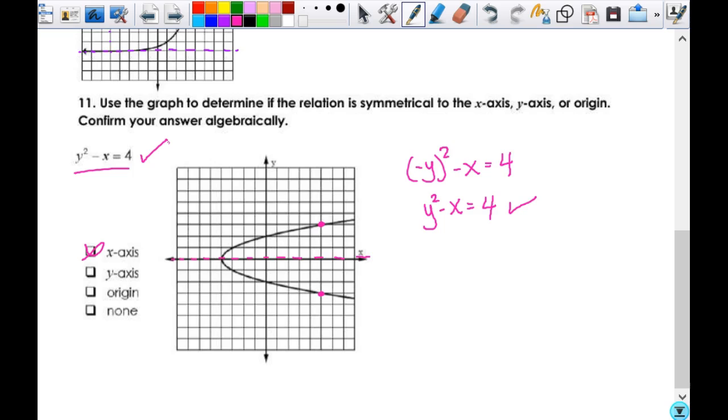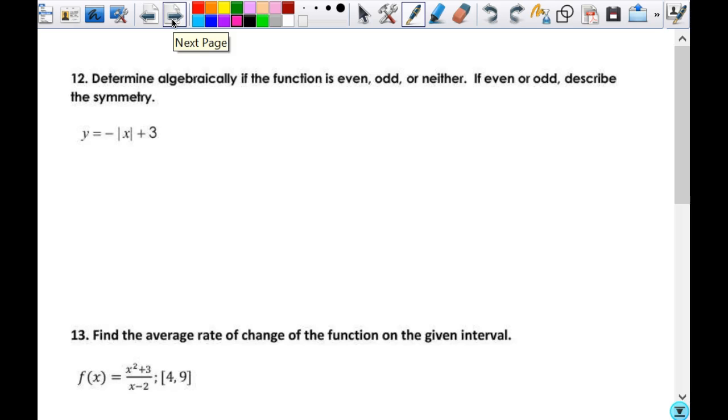All right, number 12. Determine if the function is even, odd, or neither. If even or odd, describe the degree. So in order to do that, this really should say f of x.